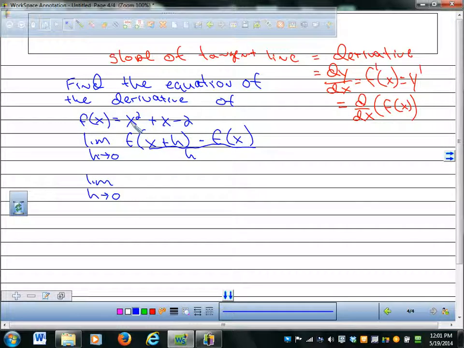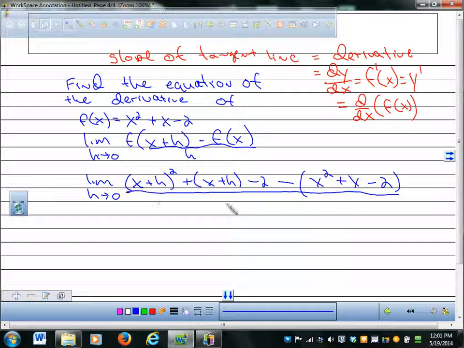I plug in x plus h in here and in here. And I get x plus h squared plus x plus h minus 2 minus, in parentheses, f of x, which is x squared plus x minus 2. That whole thing over h.